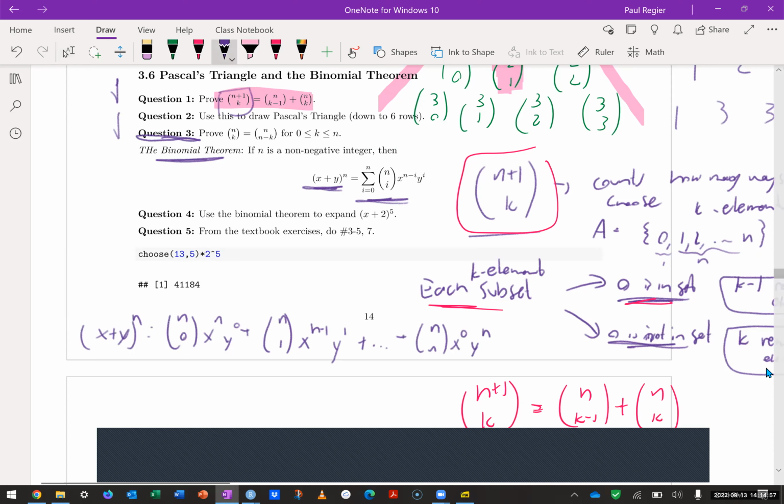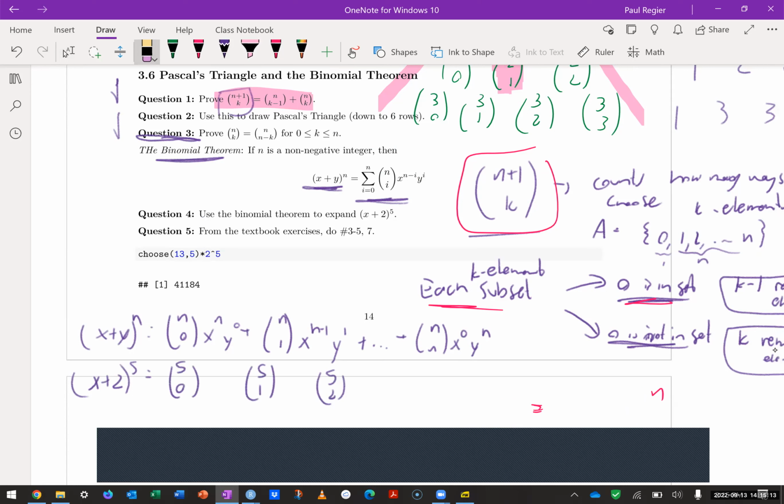So if I want to find out what x plus 2 to the 5th power is, the binomial theorem says I do 5 choose 0, 5 choose 1, 5 choose 2, 5 choose 3, 5 choose 4, 5 choose 5.